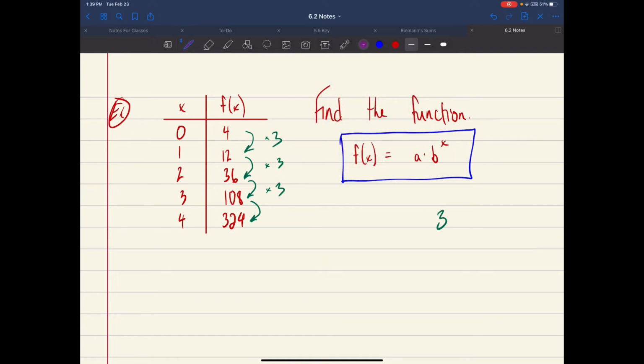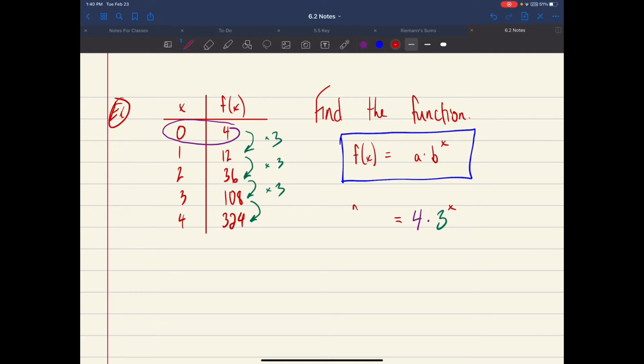Okay, the next place that I look on the table is when x is 0. Because what this is going to tell me is my starting value. So this tells me what a is. So if I plug in a 0, I get 4. So that means that a is 4. And this is just raised to the x.